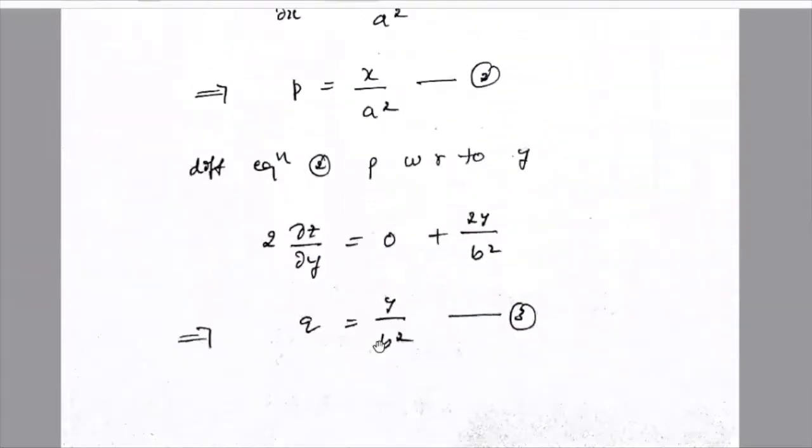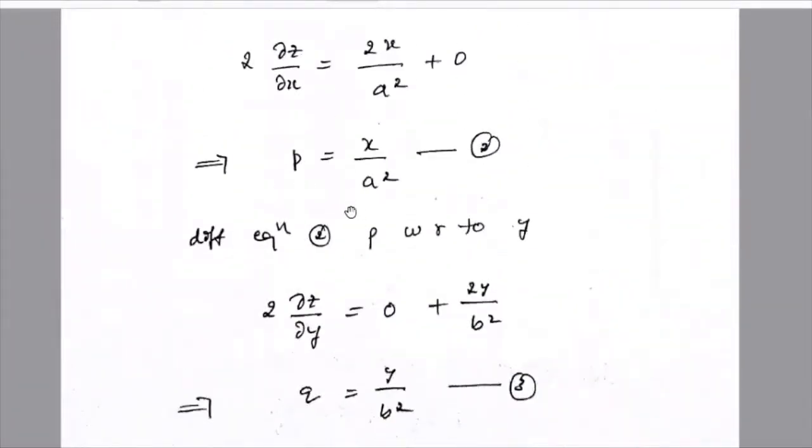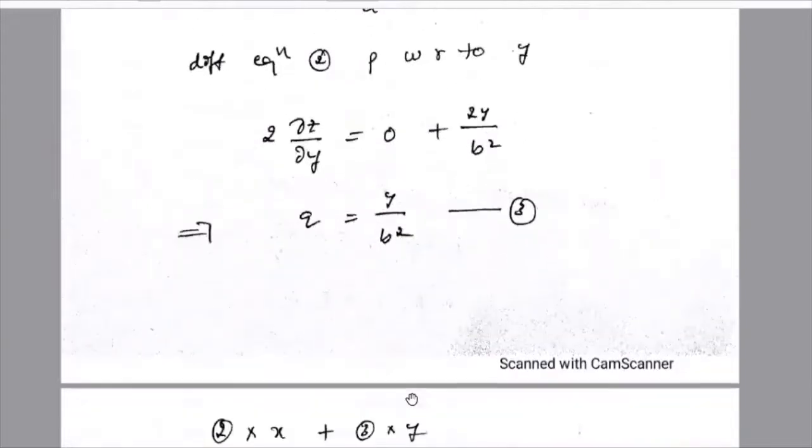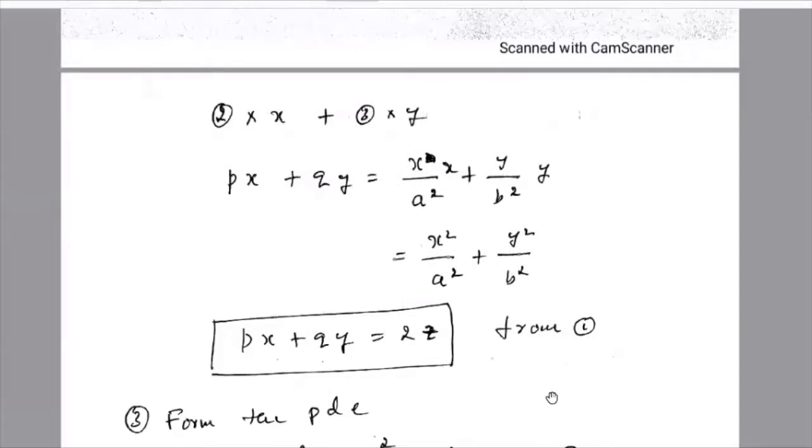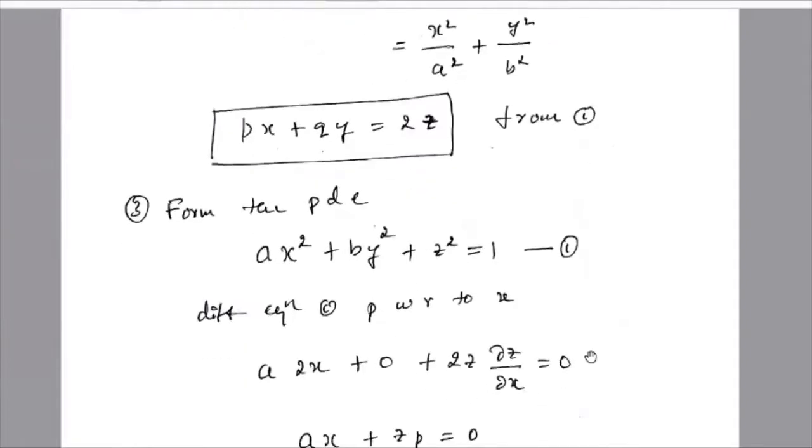That is, multiply equation 2 by x so that it becomes x square by a square, and multiply equation 3 by y so that it becomes y square by b square. That is equation 2 into x plus equation 3 into y. px plus qy is equal to, p means x by a square into x, q means y by b square into y. So x square by a square plus y square by b square, which is nothing but 2z from the given function.